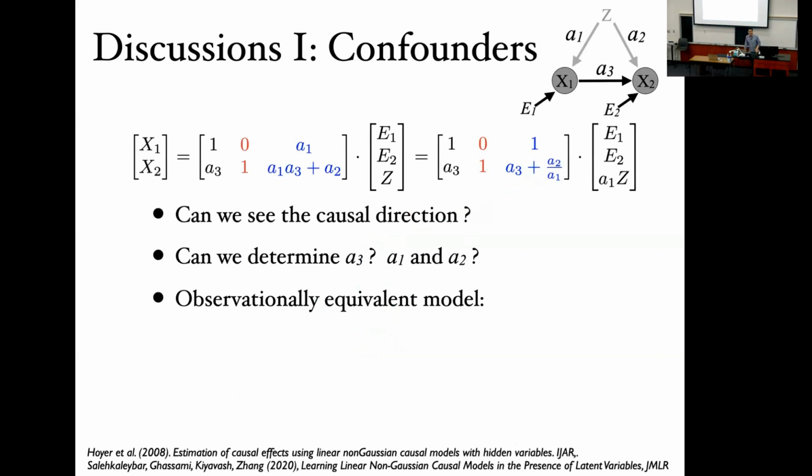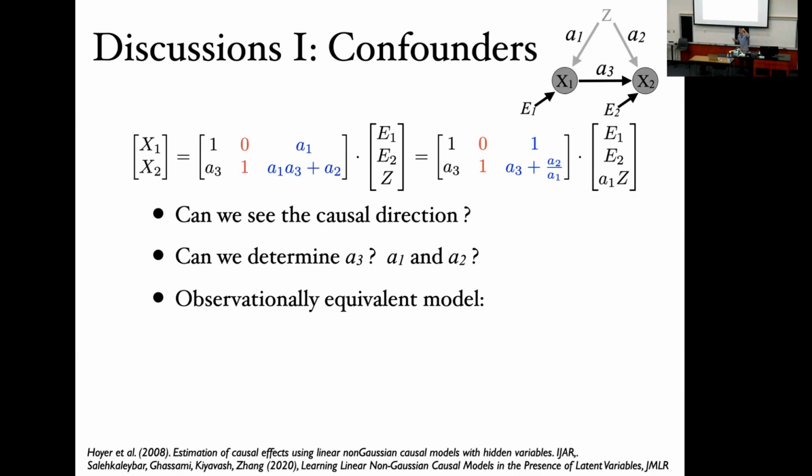First of all, are you sure that x1 causes x2? First of all, we know that there are latent confounders, right? We know there is no linear model such that the noise term in x1 or x2 is independent from the hypothetical cause. We know there is no such case because we have one more latent variable.